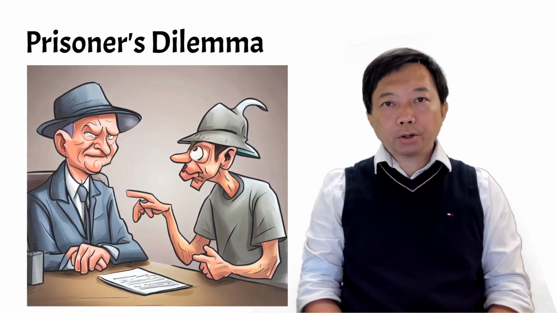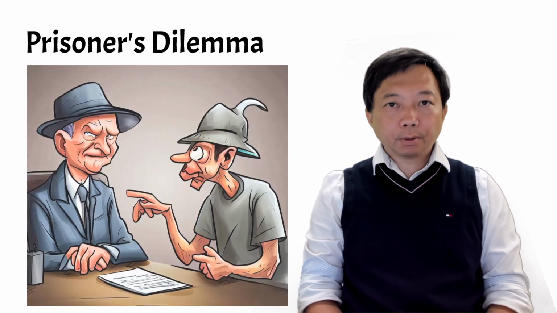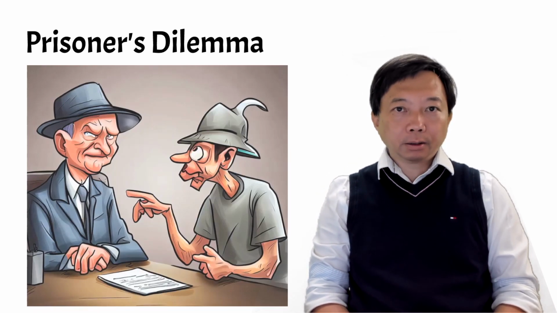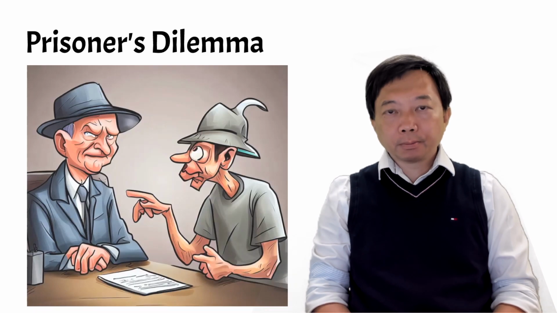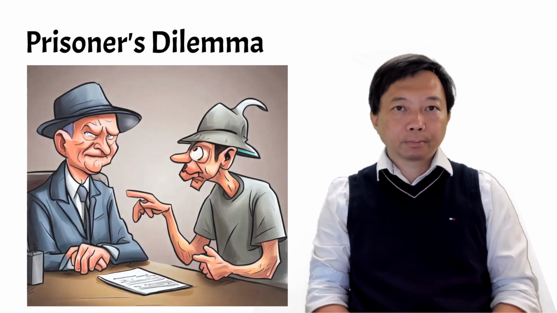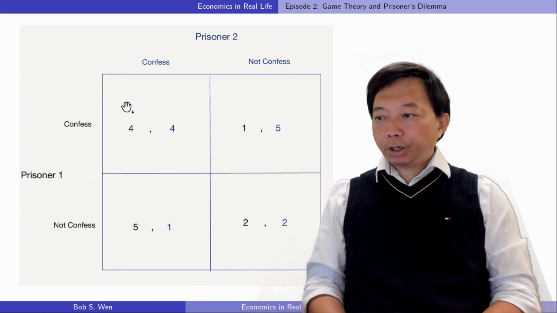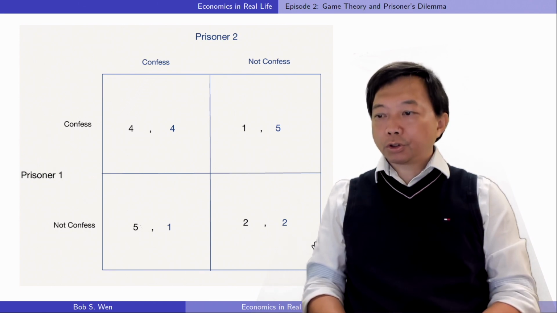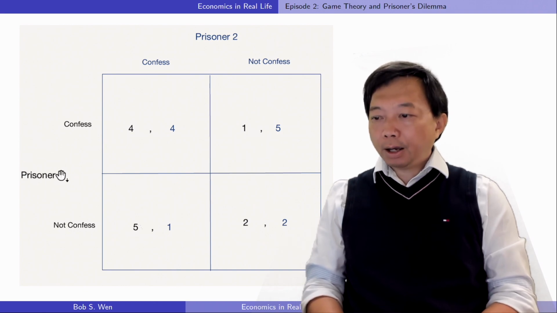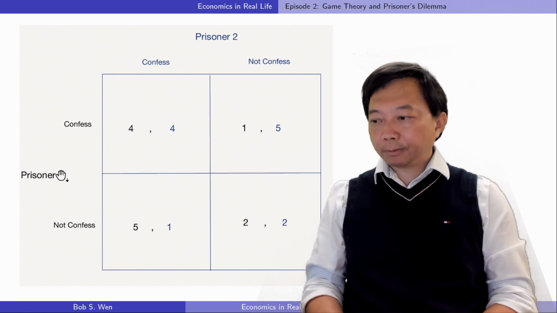You face two choices: confess or do not confess. You will consider the impact of the choices made on the sentence. In the game analysis, we usually use tables to show the choices of people participating in games and the consequences they bring.